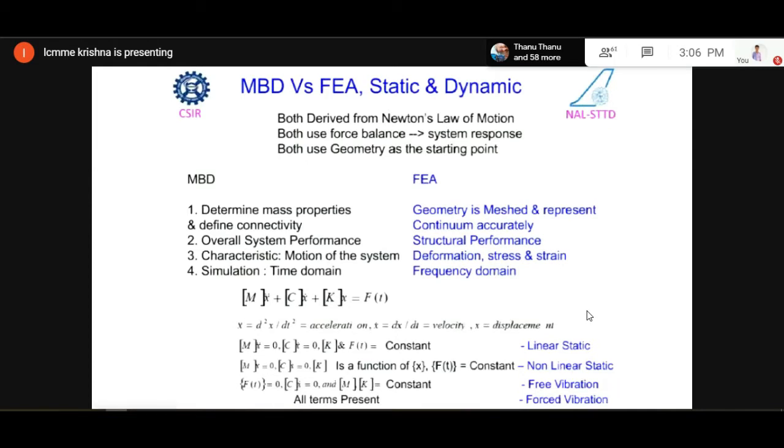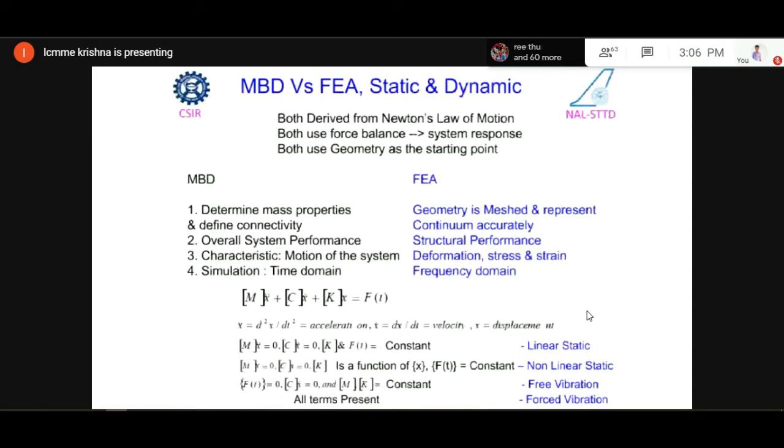In multi-body dynamics, we look at the mass properties and define the connectivity. In finite element analysis, the geometry is meshed and represented accurately as a continuum, with continuity among all the nodes and elements. Overall system performance is seen in multi-body dynamics, whereas in finite element analysis we look at the structural response, called structural performance.